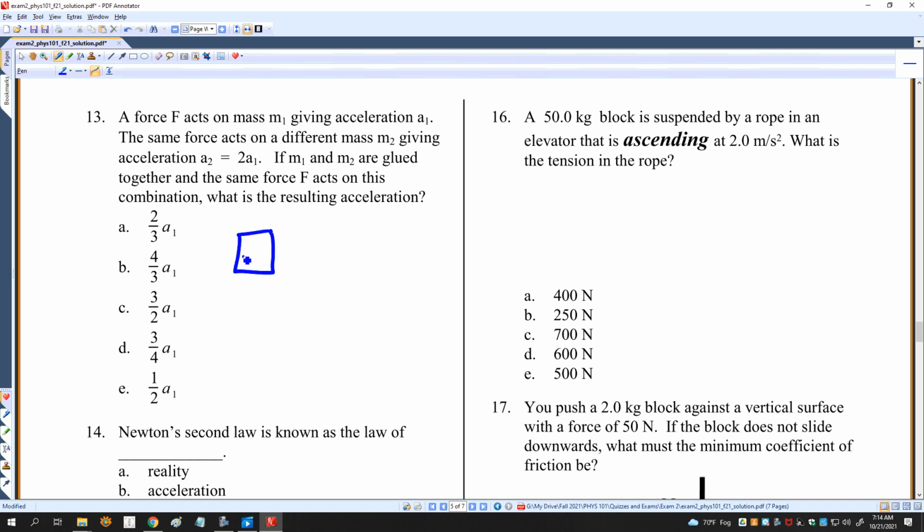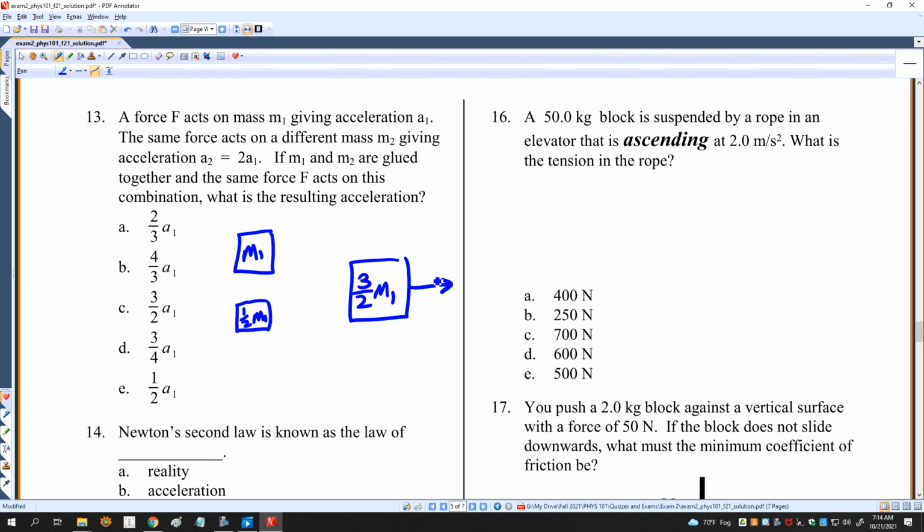So imagine I have a block m1. The block m2, which is going to get twice the acceleration, will have a mass that's equal to 1/2 of m1. So when I put these two blocks together, I'm going to get a mass that's equal to 3/2 m1.